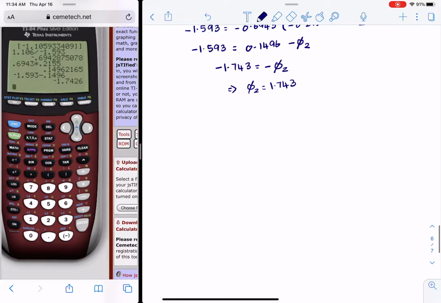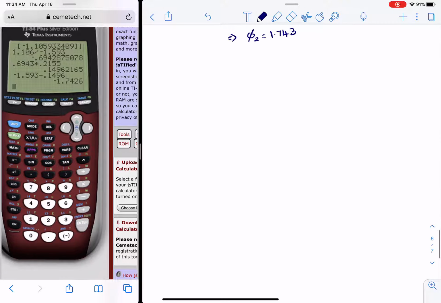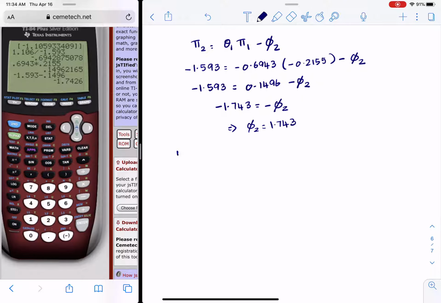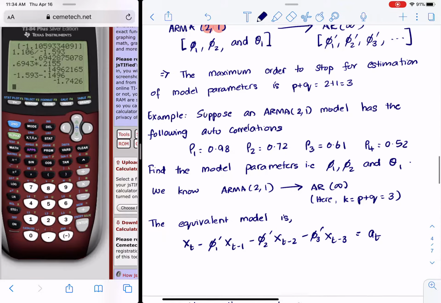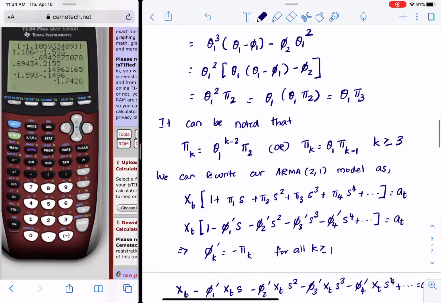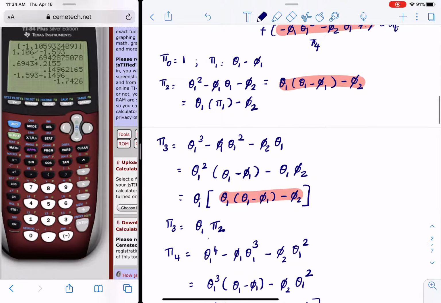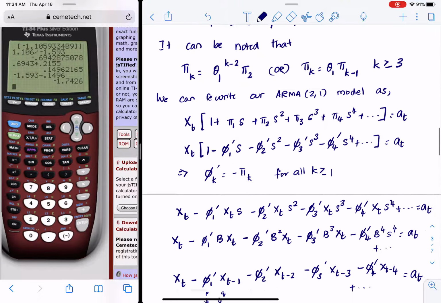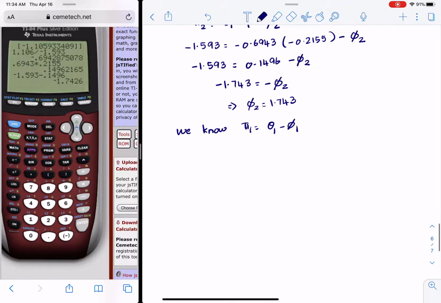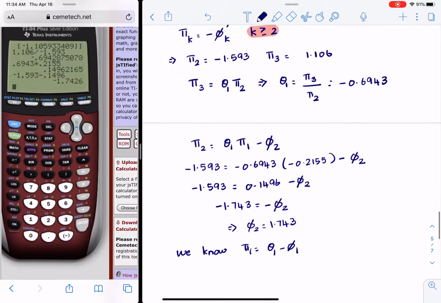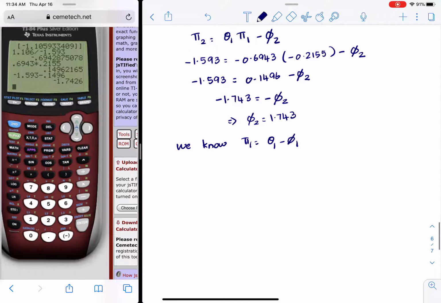We go back to the original equation for pi 1. Pi 1 is right here, which is theta 1 minus phi 1. So all we have to do is find phi 1. Pi 1 is negative 0.2155.